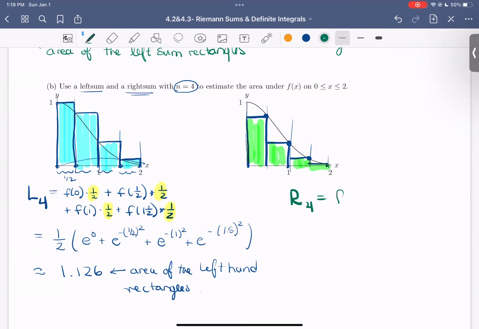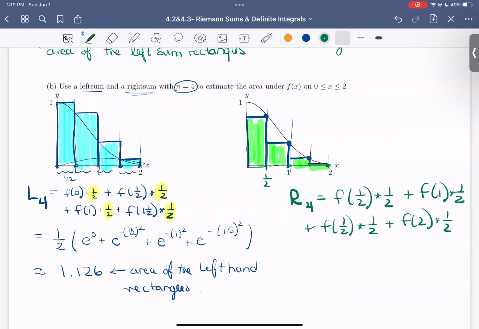So now the height is going to occur at the right-hand endpoint. So it will occur at f of 1/2, width is 1/2, plus f of 1, width is 1/2. We see that we just move over to 1, height f of 1, plus f of 1.5 times 1/2 plus f of 2 times 1/2.